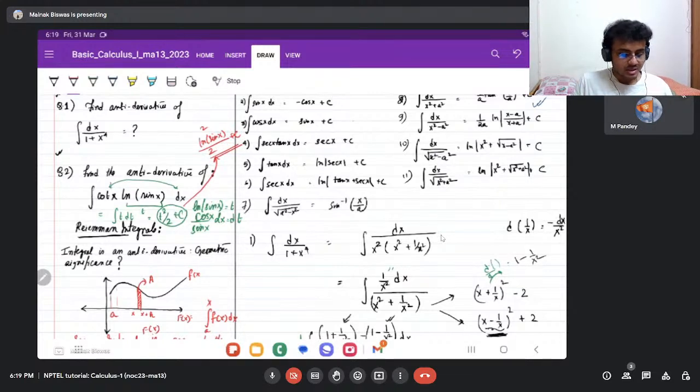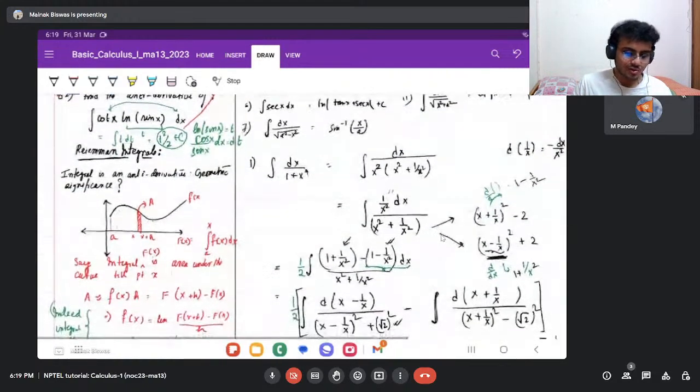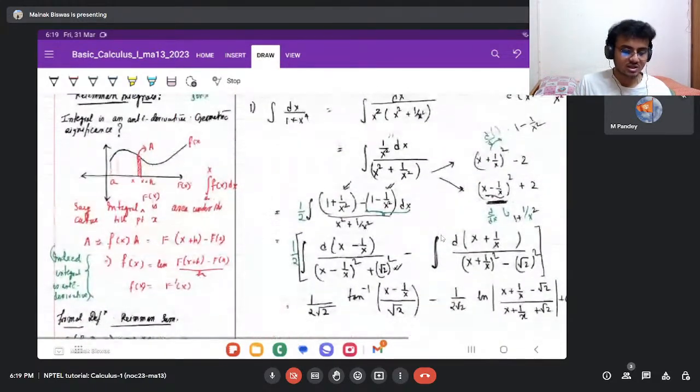So these were the two warm-up questions. I thought that it's good to do some antiderivatives before we go on to understand what actually integrals are.